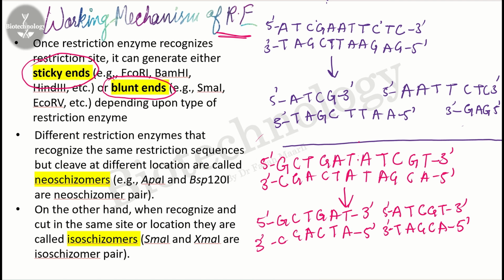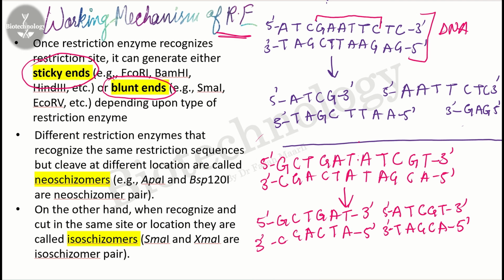Suppose this is the sequence of a DNA molecule, right? EcoRI is an example of a restriction enzyme that produces sticky ends only. For EcoRI, GAATTC is the specific recognition site.